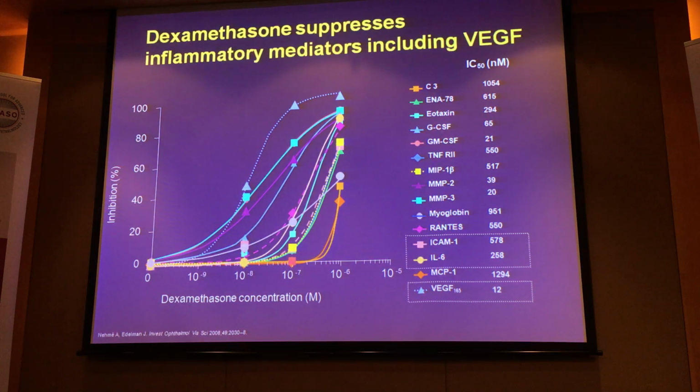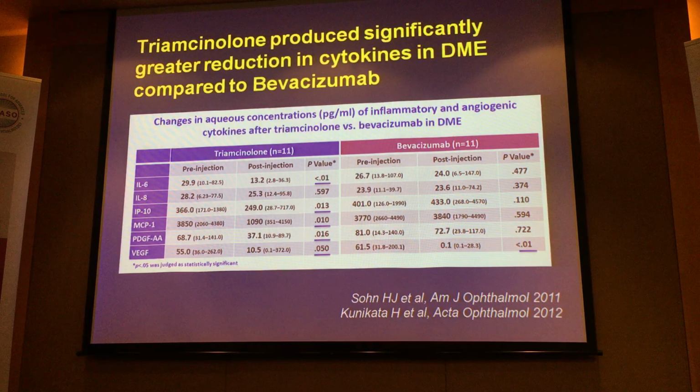So how can we suppress inflammation? I mean, steroids obviously are the most obvious target, right? We've got dexamethasone, which suppresses all these, and it also has a mild anti-VEGF property. So steroids can help in proliferation, but not as much as anti-VEGF. Triamcinolone produces significantly reduced cytokines compared to bevacizumab. It's quite obvious, right?